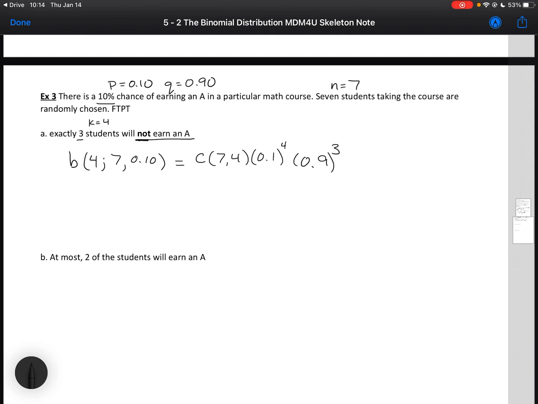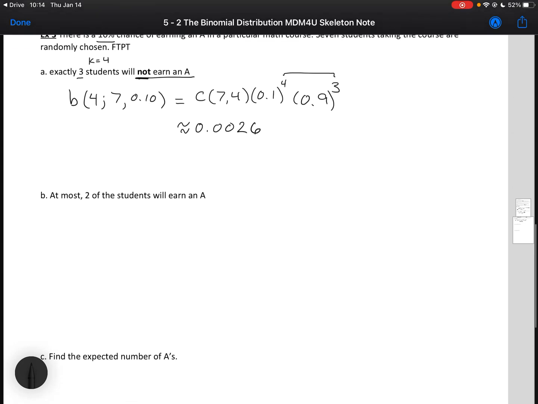That is my exponent that goes over the q. Because I know I have 7 students, if 3 of them are not earning an A, 4 of them are being successful, they are earning an A. So again, these 2 exponents add up to my total n value. When I evaluate it on my calculator, I get 0.0026. Not a great chance of that happening.